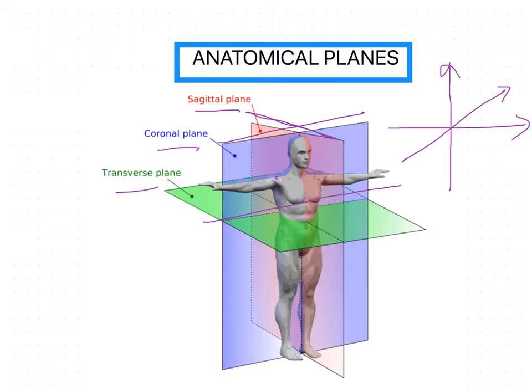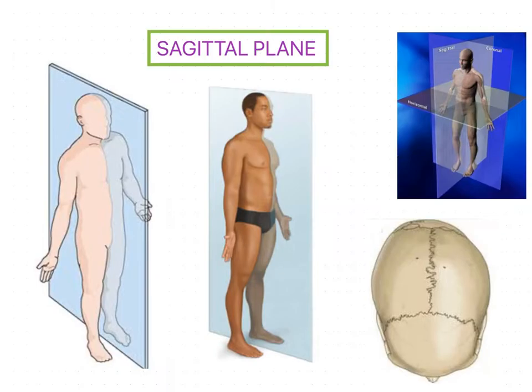Now we are going to discuss each plane. First, the sagittal plane. The sagittal plane is also called the longitudinal plane. The word sagittal is derived from the Latin word sagitta, which means arrow.